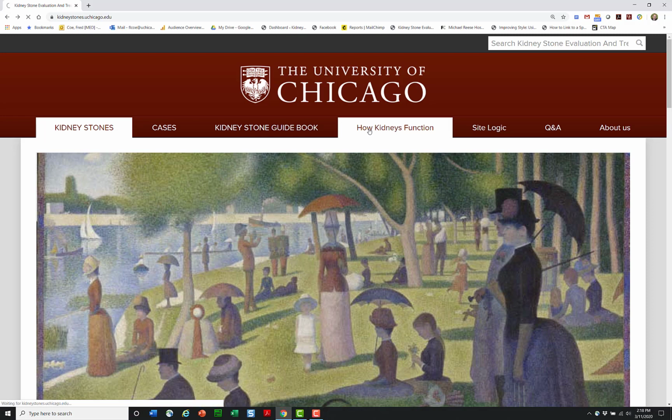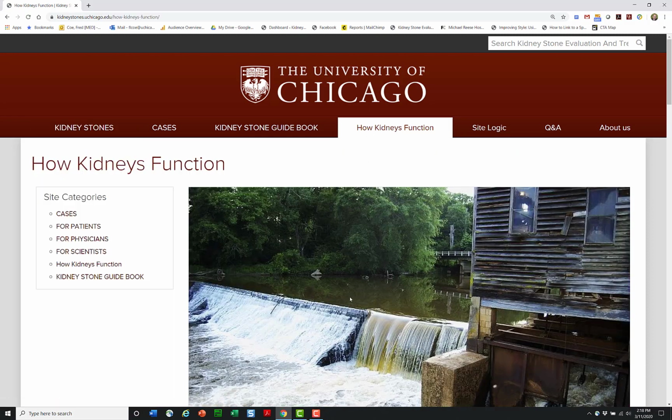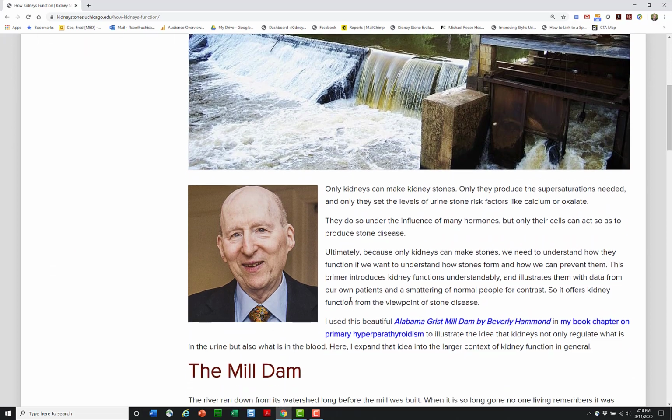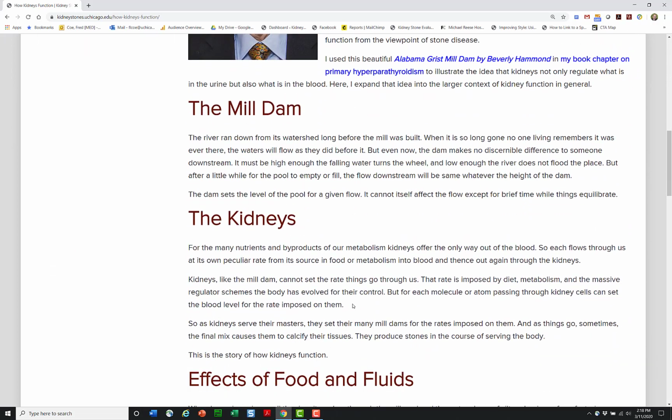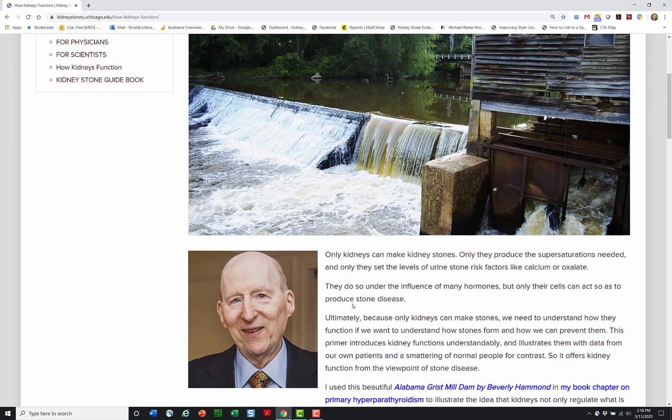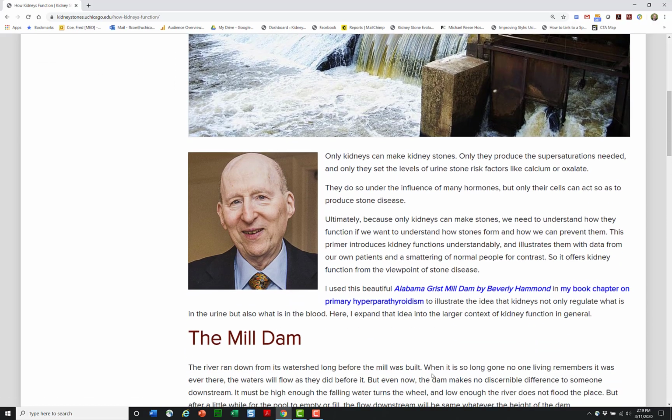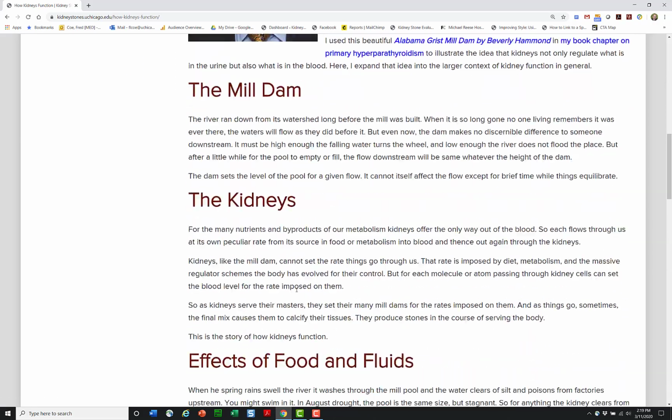This page brings together a small group of articles about the kidneys themselves. The beautiful picture, Alabama gristmill, is by a living contemporary photographer, Beverly Hammond.